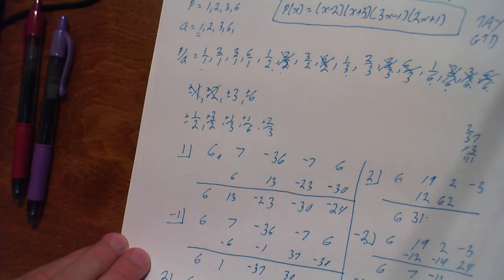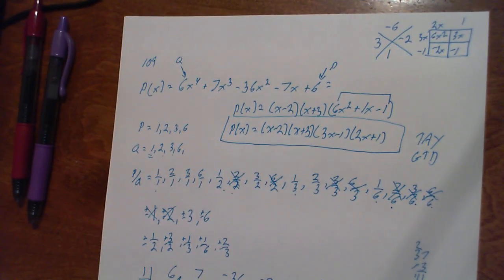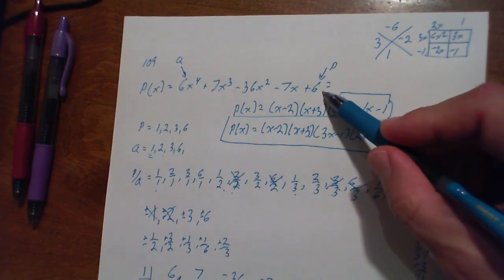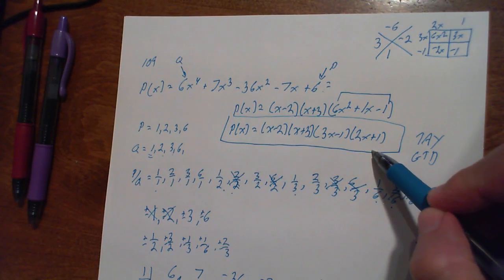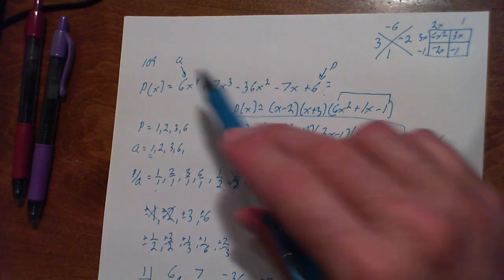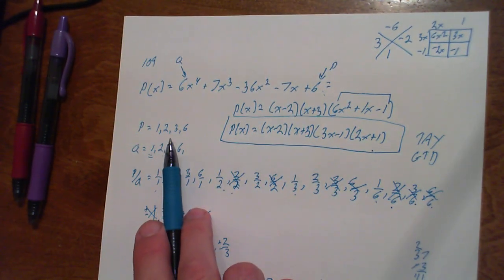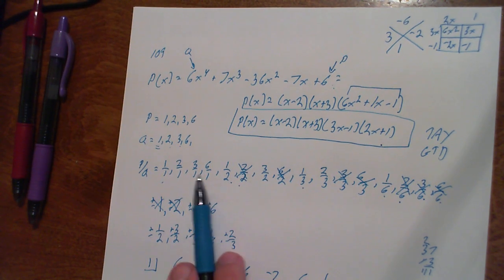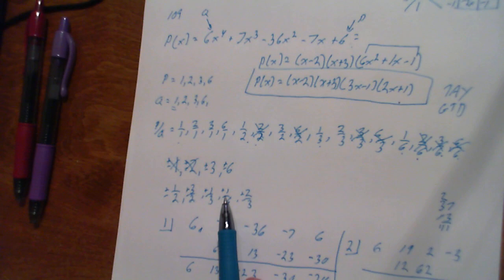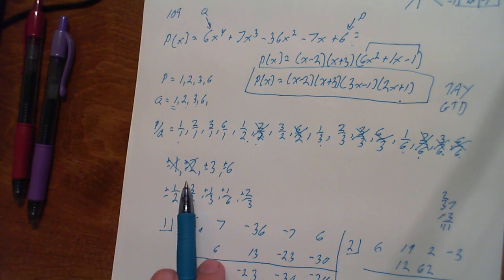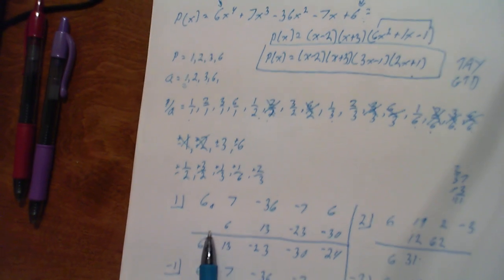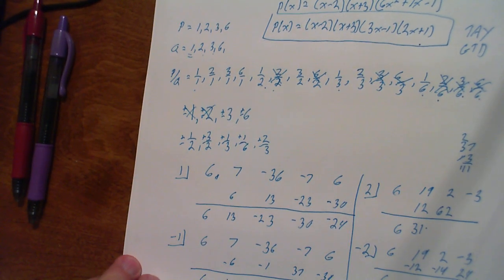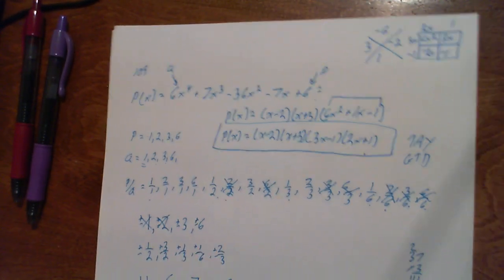That's all you've got to do. What did we do there? We just factored this into that. We found the p and the q. The p's were 1, 2, 3, 6, and 1, 2, 3, 6 was my q. Then p divided by q gives all the numbers we tried. Then we did synthetic division and tried them all out until we finally got that. And that's it.